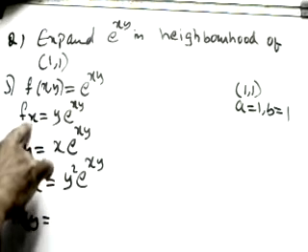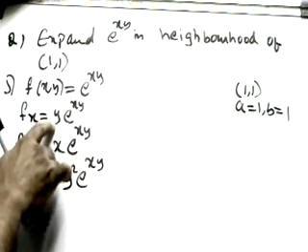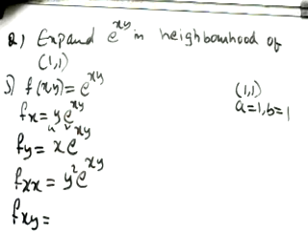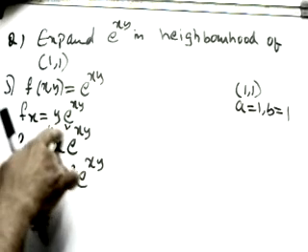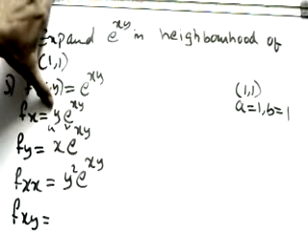Now f_xy, watch carefully. When we have to differentiate f_x with respect to y, here also you are having y, here also you are having y, that is we have to differentiate uv. We know u d/dx of v plus v d/dx of u.